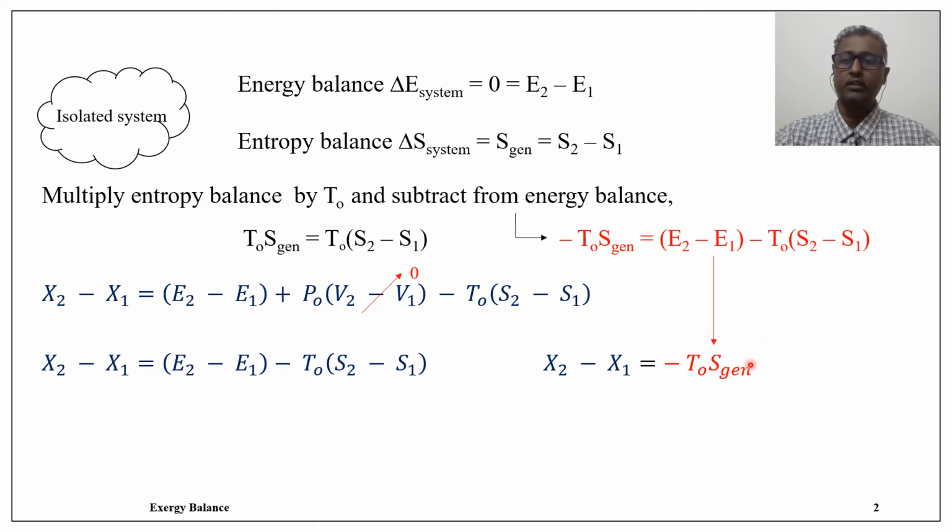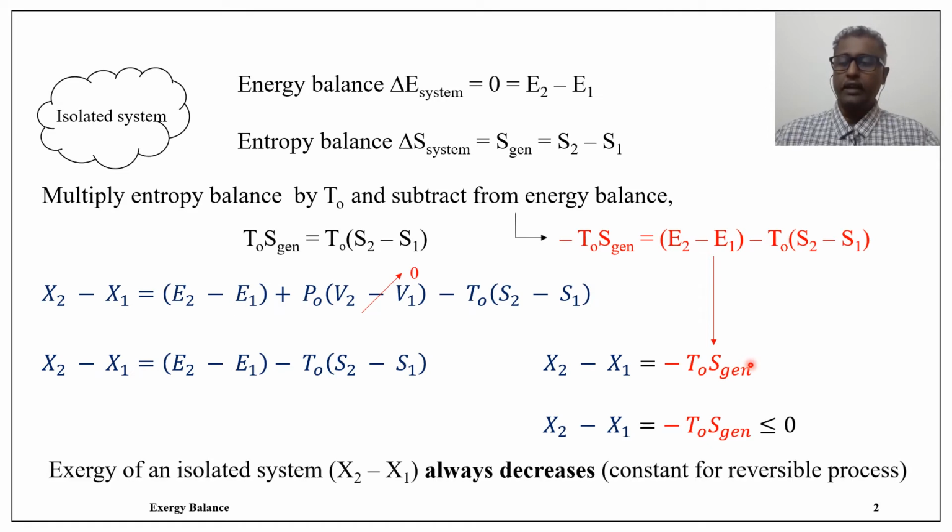Therefore, we can write minus T naught S generation is always less than or equal to 0. It cannot be greater than 0 because entropy generation is always positive. Exergy of an isolated system always decreases.